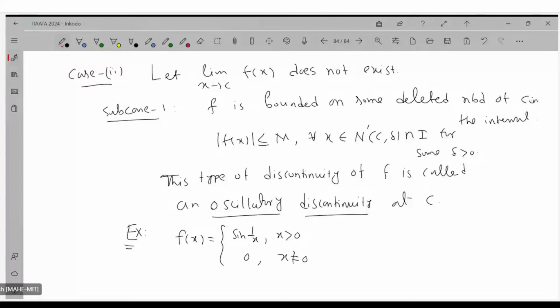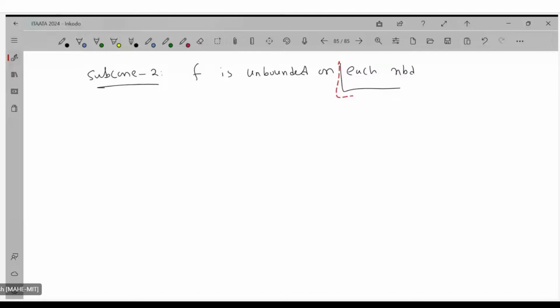Now the sub case 2: f is unbounded on each deleted neighborhood N'(c, delta).